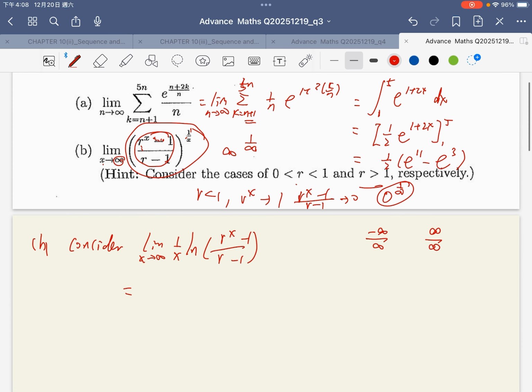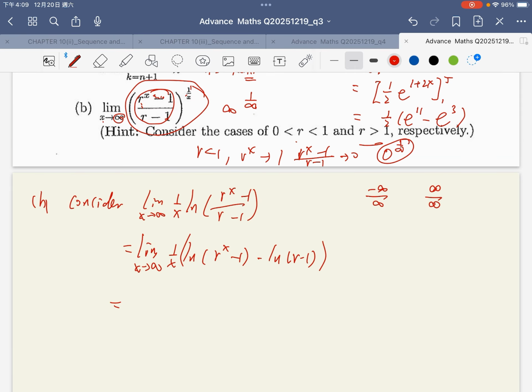By L'Hospital's rule, the denominator is 1. The numerator, okay, sorry, I change something a little bit to make it easier to do differentiation. The logarithm property turns division into subtraction. By L'Hospital's rule, the denominator is 1.